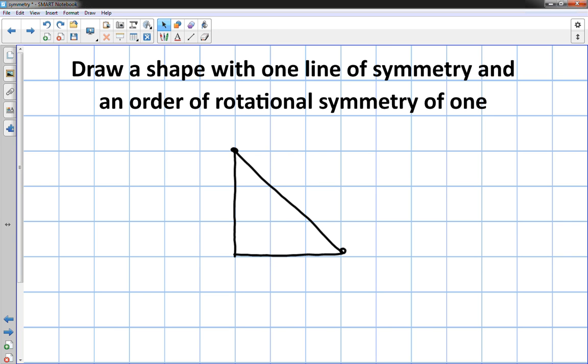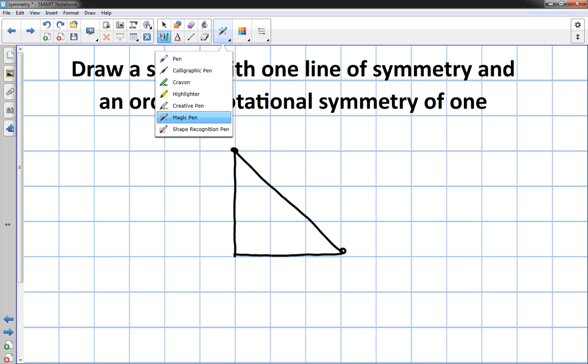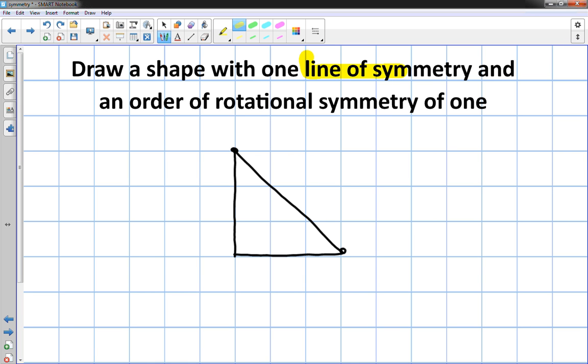Let's figure out if it has a line of symmetry first. So I'm just going to see if it has one line of symmetry, doing one part at a time. And I remember doing this, and it does right here. So it has one line of symmetry right now. Now let's do the next part. Order of rotational symmetry of 1. Remember, that really means that it doesn't have rotational symmetry.